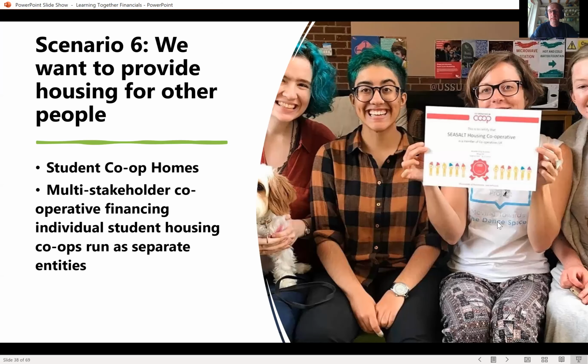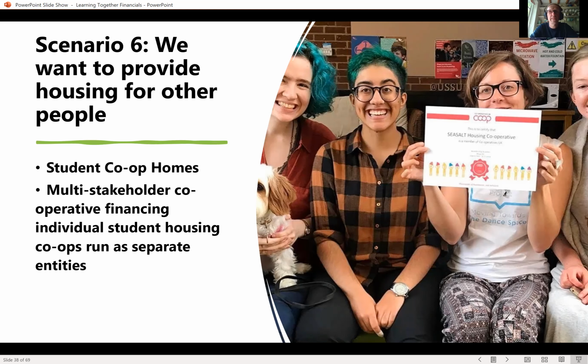But this is a multi-stakeholder cooperative, and they really act as a way of gathering finance from a wide range of different sources and make it available to smaller groups. So that might be because they have a longer track record of developing housing projects, and track record can be really important to some investors and to some funders, and also to mortgage companies in some circumstances.